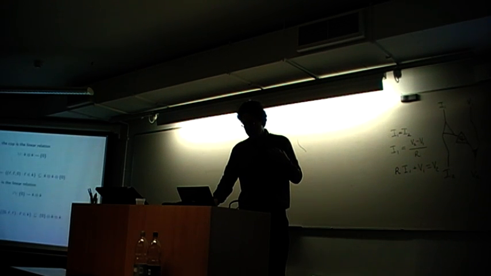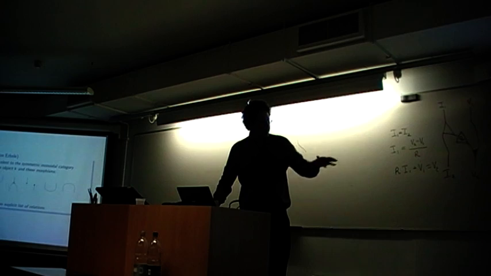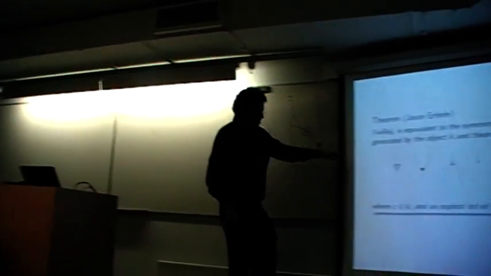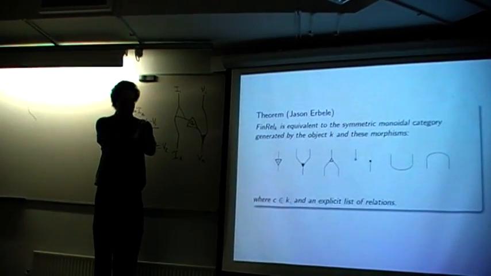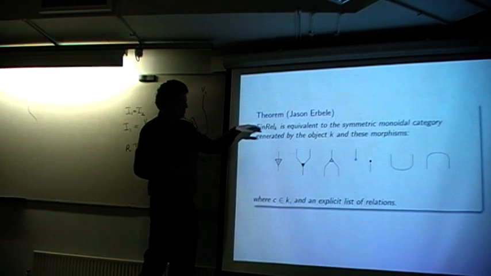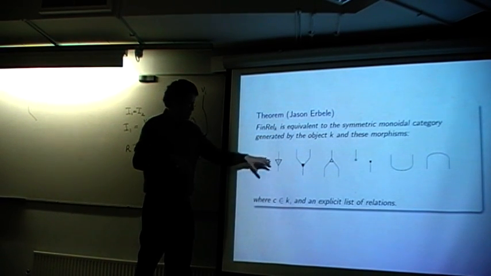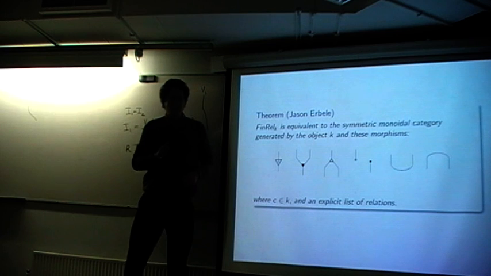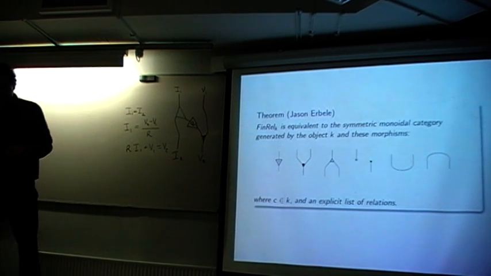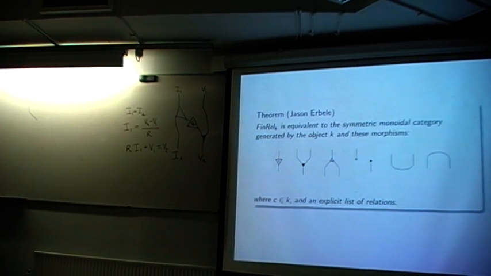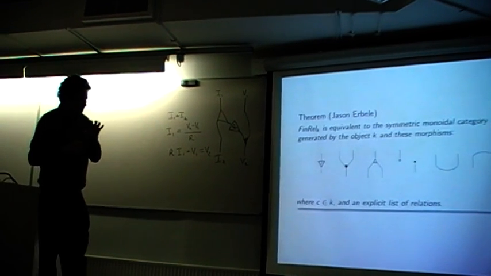In other words, there'd be a bicategory where the morphisms actually are these pictures, and then a functor from that down to the category of finite relations, which is what these pictures mean. So that, I think, is a place where higher category theory can really come in handy.